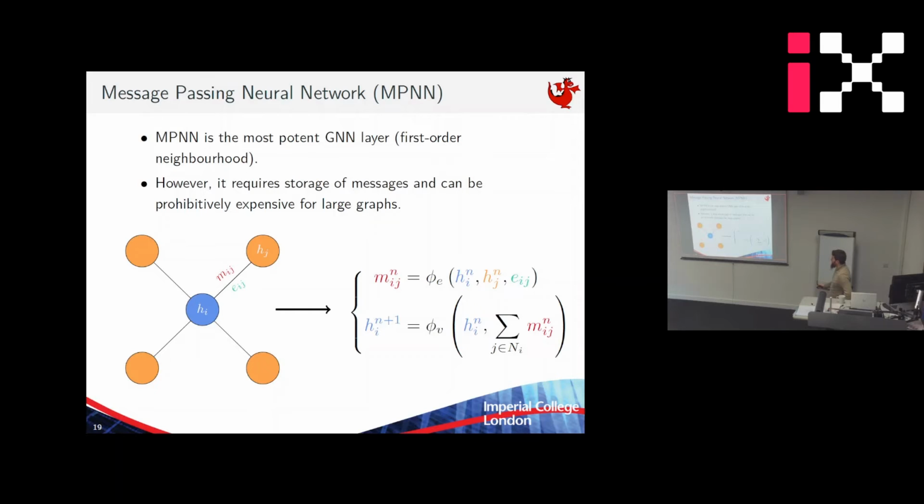That gives you a message, and once you have done this for all the edges connected to hi, you can then apply a permutation invariant function, here sum, that forms your aggregated message. Then, taking into account those messages plus the former value of the node feature vector hi, you can apply another MLP or whatever model you want, and then get the update. And you do that recursively, for each layer you do that. By doing this, you have information that flows through your graph.